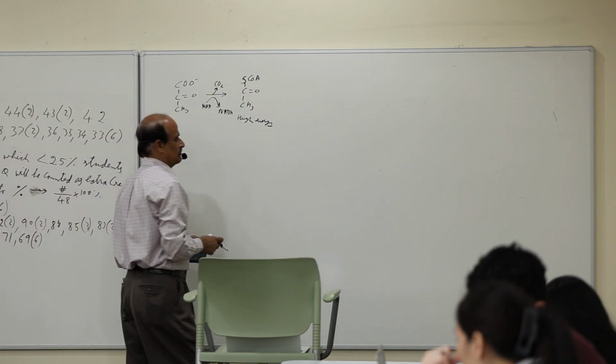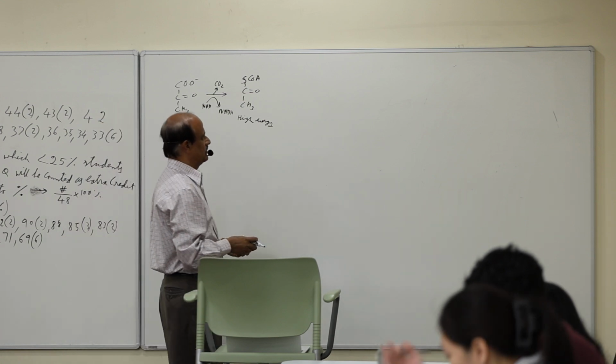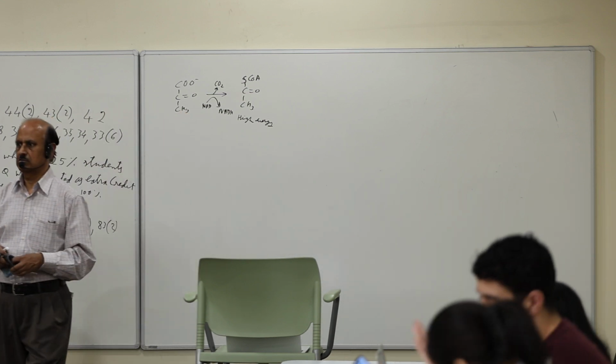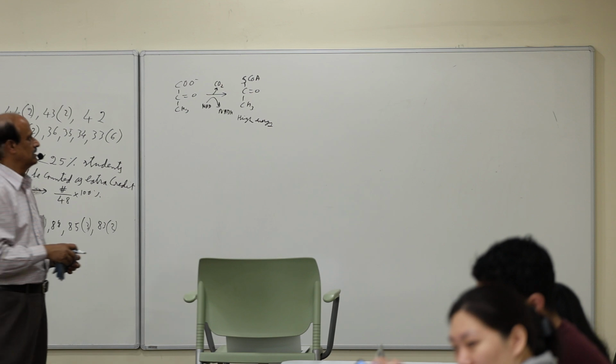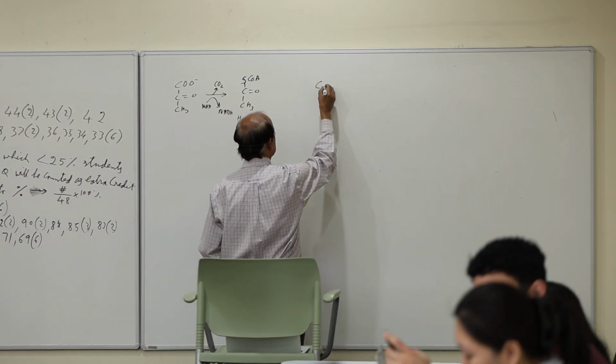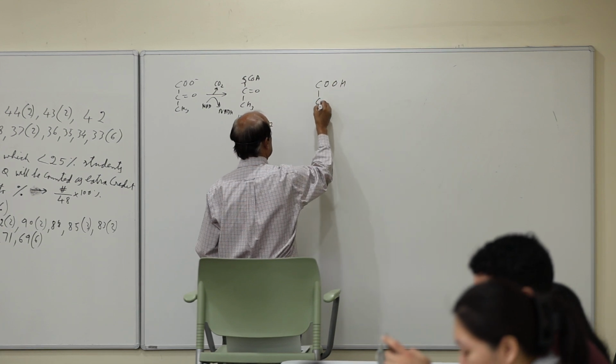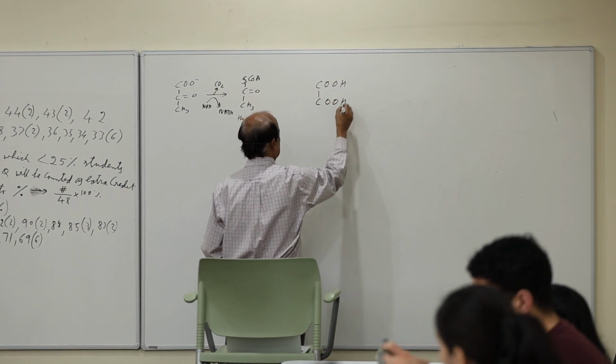So this one then combines with oxaloacetate to give you the first product of the citric acid cycle. So oxaloacetate, oxalic acid is this compound.